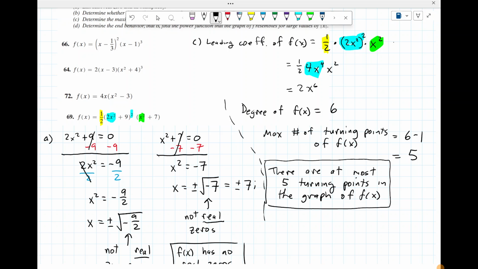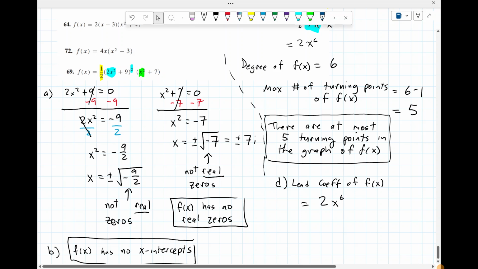Again, the real key is to note that the leading term is 2x to the 6th. Note that this is positive: my coefficient is positive, and my exponent is even.